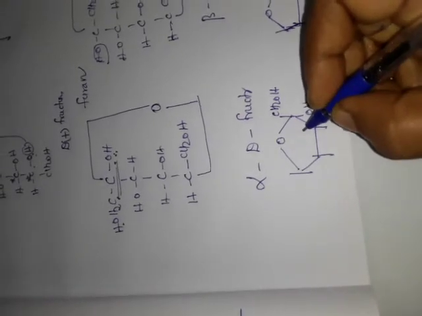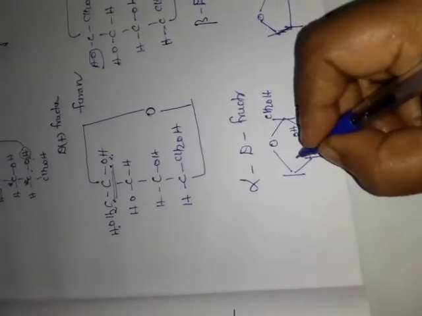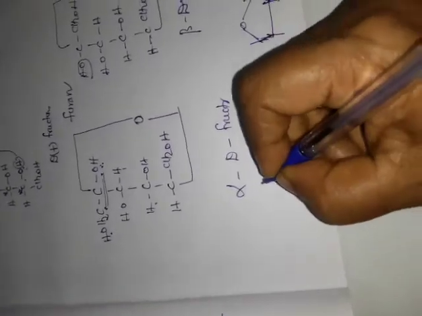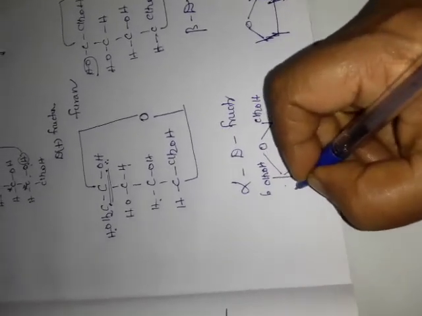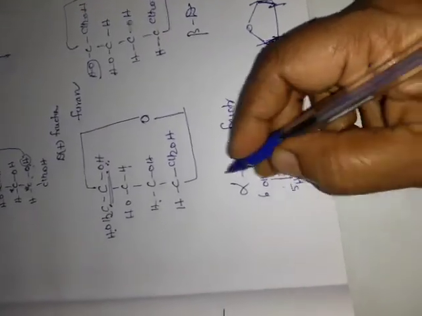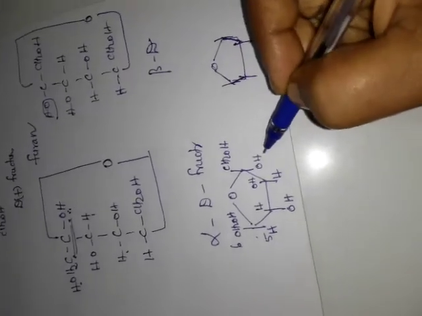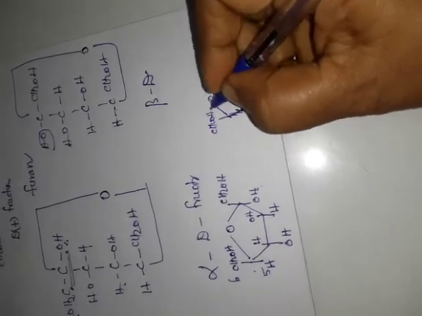Then next one, OH, H, then H, OH, OH, H, HOH, then the 6th carbon, CH2OH. This is the 5th carbon, H. Same structure only for this. The only difference is this CH2OH comes at the bottom, OH comes at the top. That's the only difference. Others are all the same.